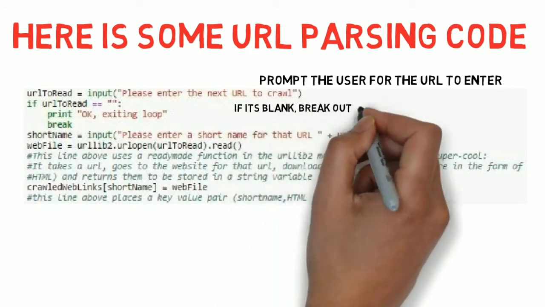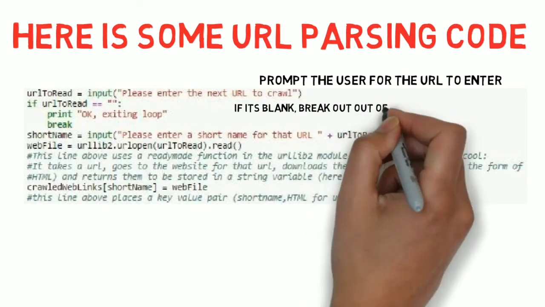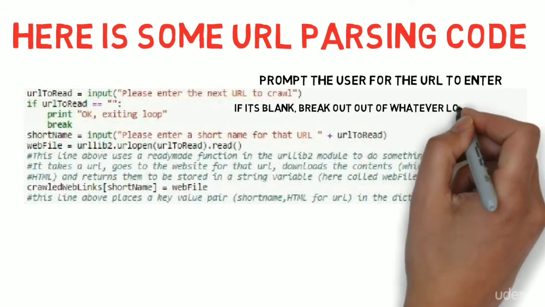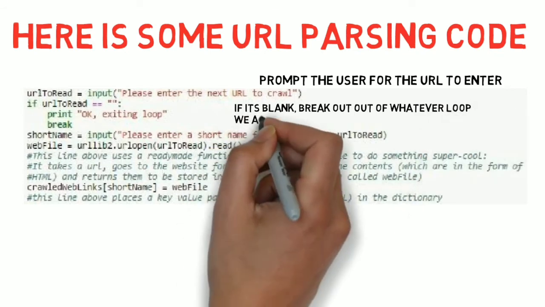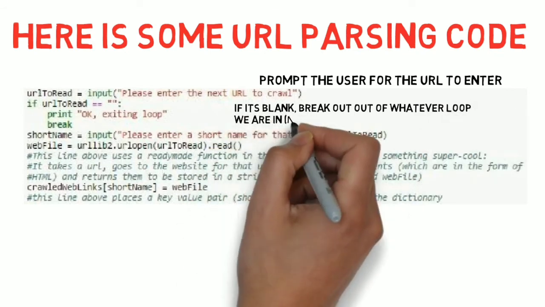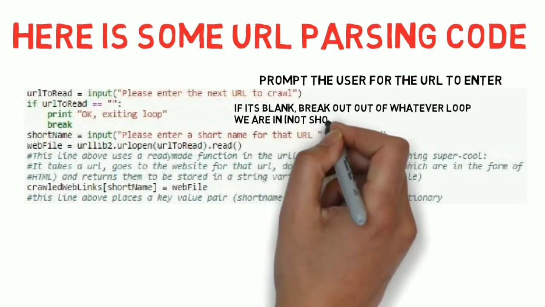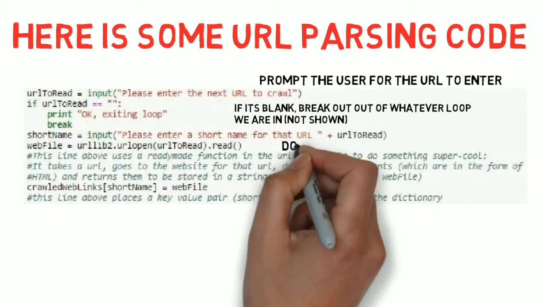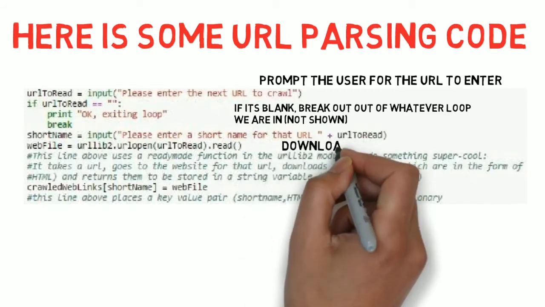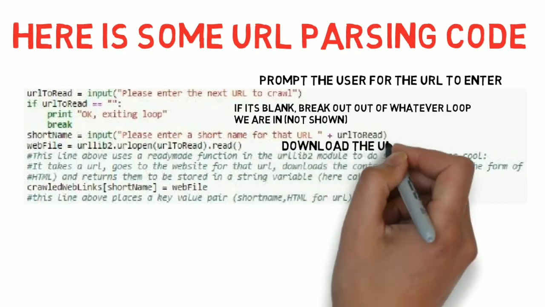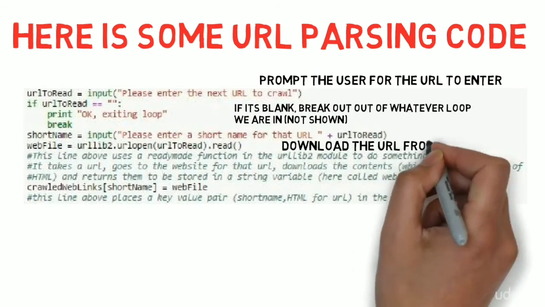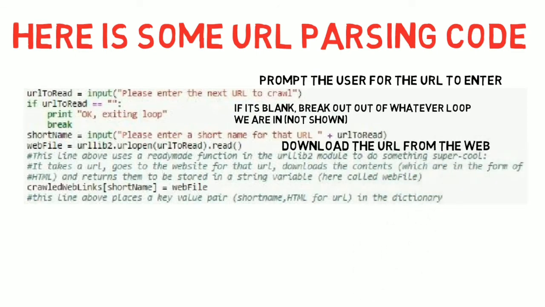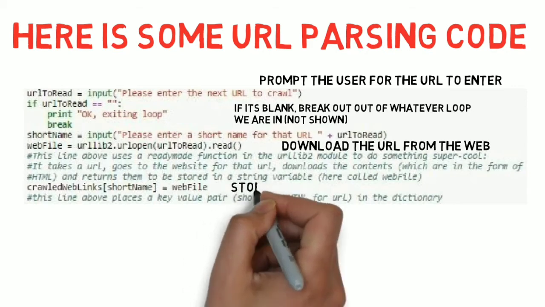If the user enters a blank URL, we break out of whatever loop we are in. In this particular screen grab, we are not showing you the loop, but you could put in a while loop that will continue as long as the URL is not blank.